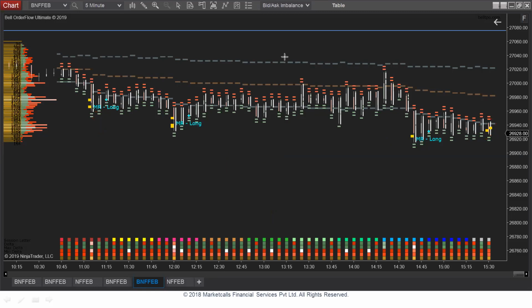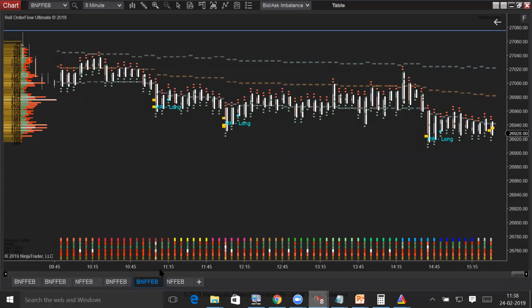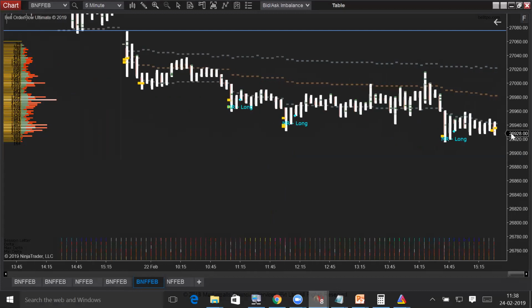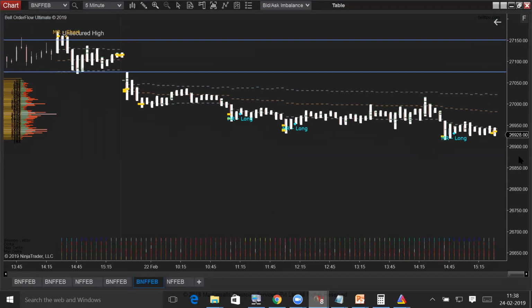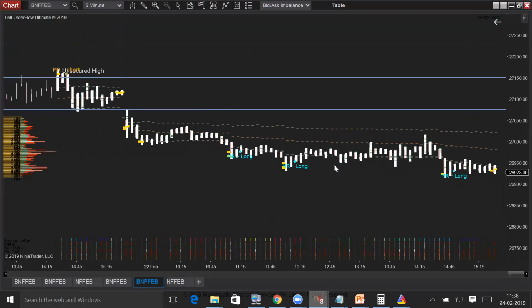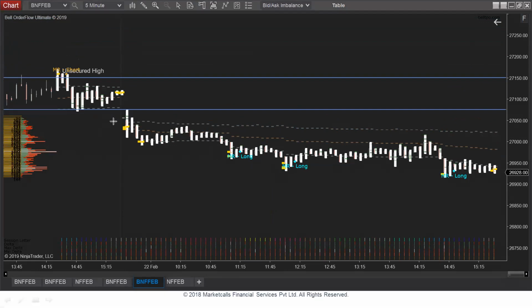If I compress the chart again, you can see there are many places where 500 lots are getting traded. Now you can look into the close and check whether it's a bigger buyer or seller. So are bigger players selling or not? Let's go to this particular block and see whether it's a buyer or a seller.